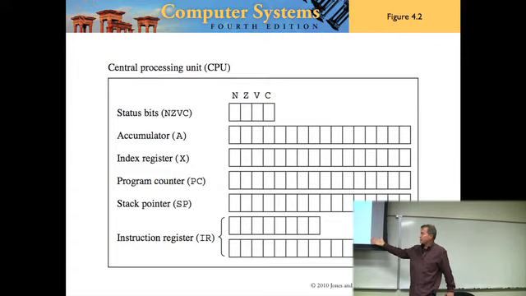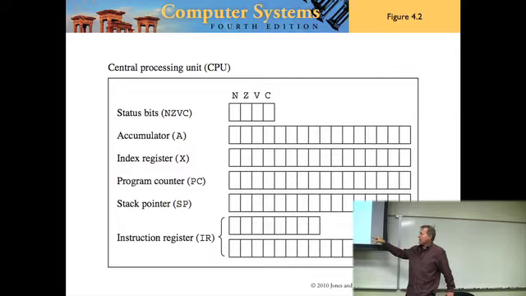Instruction register, IR. What do you suppose the instruction register stores? Instructions. Now, how many bits are in the instruction register? 24. But they're grouped this way for a reason. The first 8 are on the top, and then the second 16 are on the bottom.